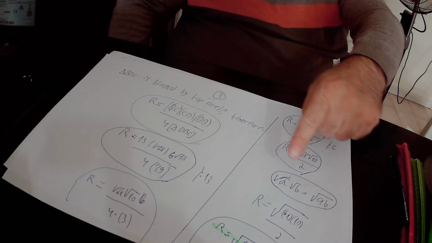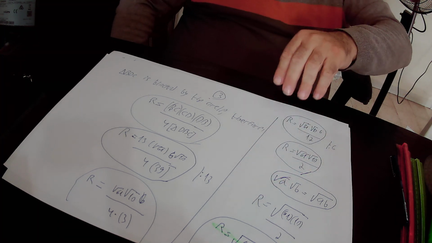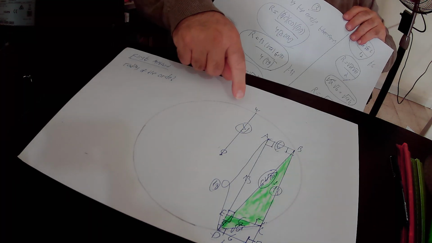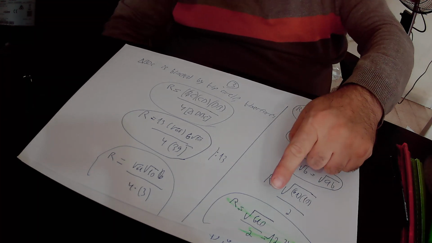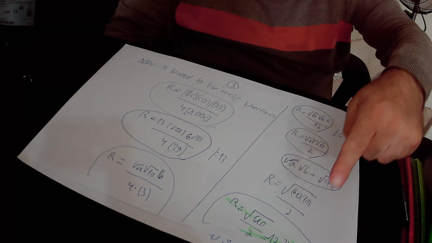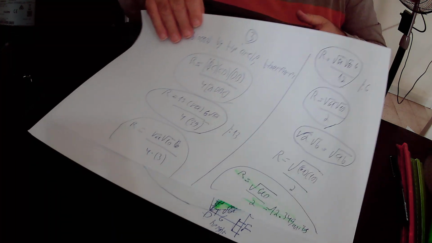And 61 times 10 is 610 over 2. So we found out that the radius of this circle, capital R, is equal to either the square root of 610 over 2 units, or in terms of numbers, 12.349 units. So we finished with the first question.